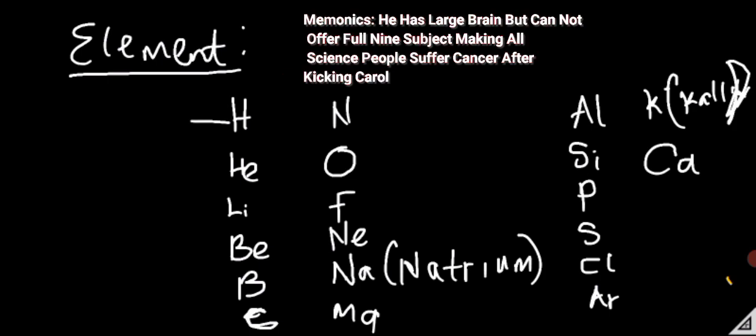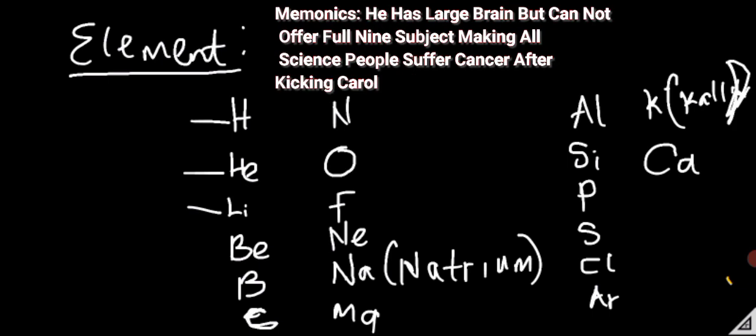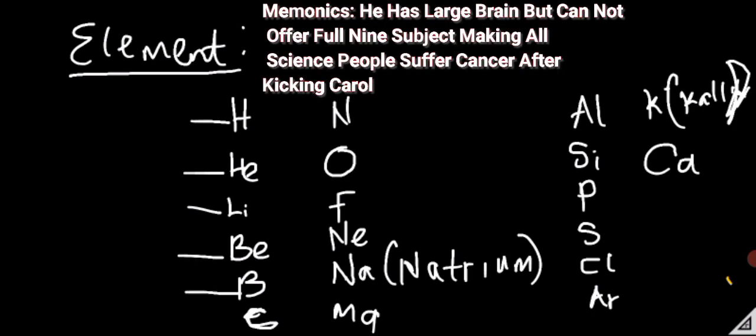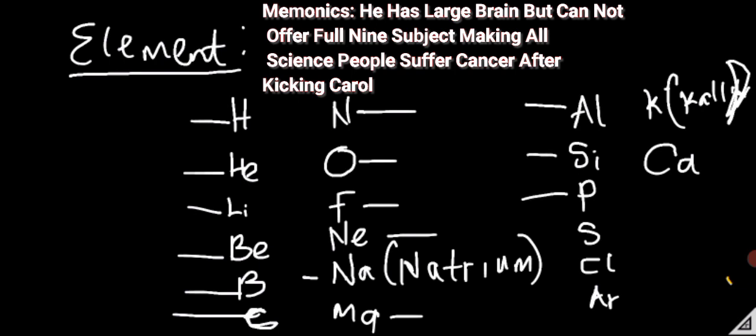He has large L, brain B, but can C, not N, offer O, full F, 9 N, subjects S for sodium, making magnesium M, all A for aluminium, science S, people P, suffer S for sulfur, cancer C for chlorine, after A for argon, kicking K for potassium, Carol.